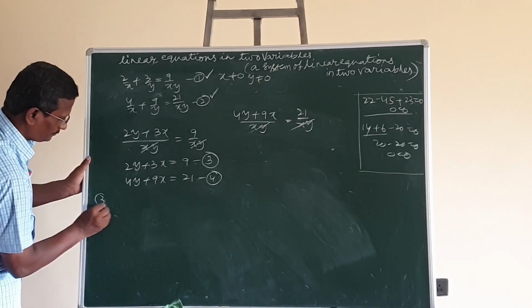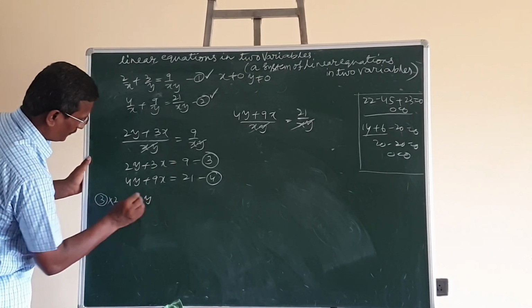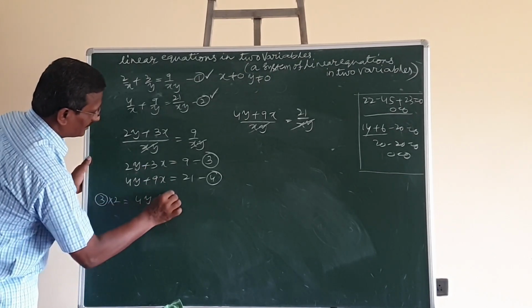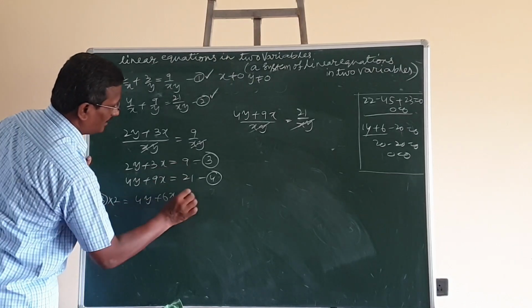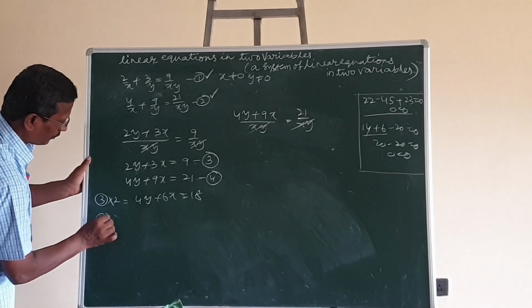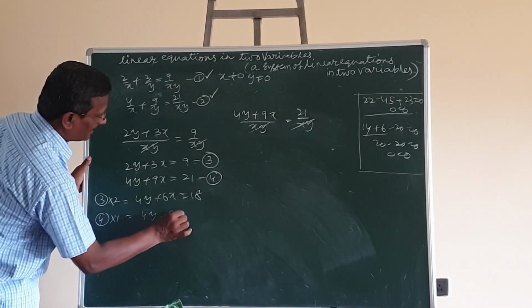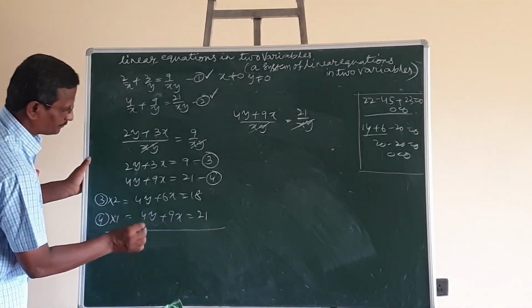Equation 3 into 2: 2 into 2y is 4y, 2 into 3x is 6x, 2 into 9 is equal to 18. Next, equation 4 into 1 as it is: 4y plus 9x is equal to 21.